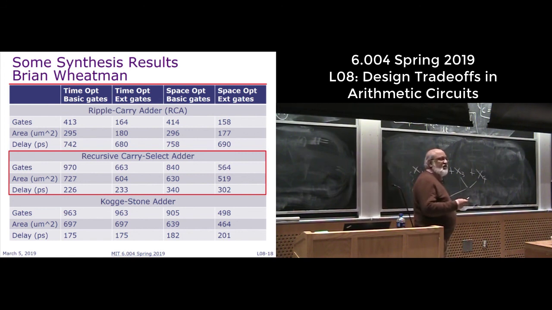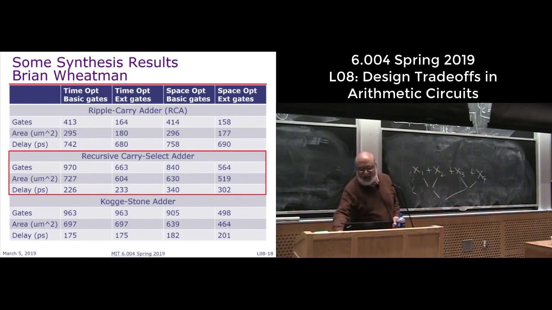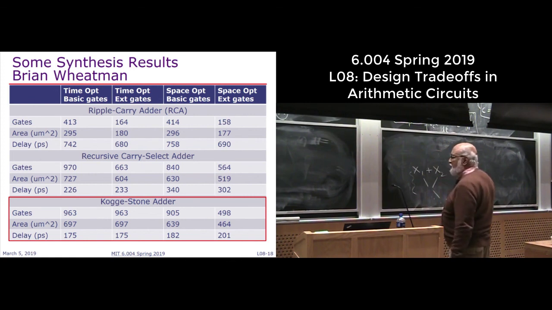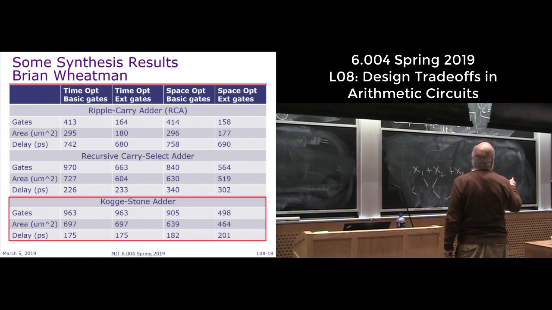And this fancy one, the carry-lookahead adder that we showed you later on, is even better because it takes the delay down. These numbers are wrong. So which one is wrong in here? The extended gates. Okay, this one is wrong. So just copy those numbers, right? So it should be 167 over here. And gates 530, and this thing becomes 483.